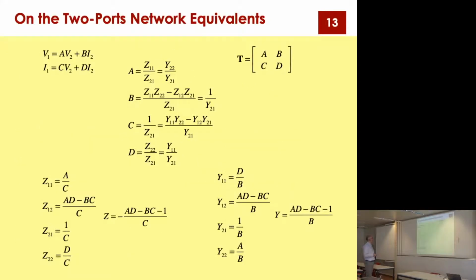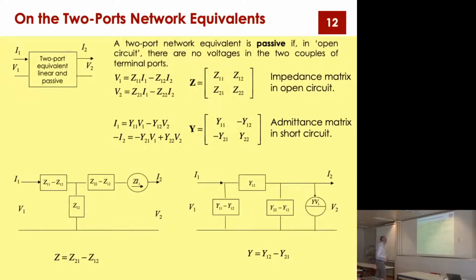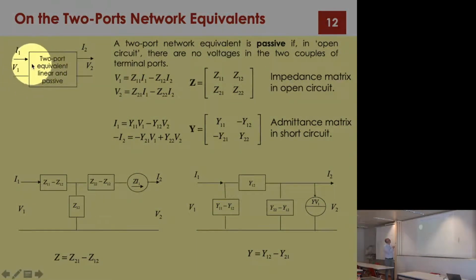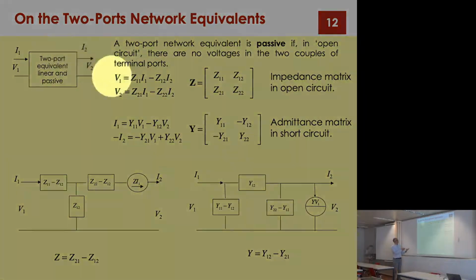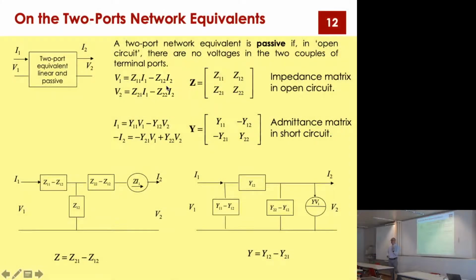Let's take a very simple example of a two-port equivalence, like this one. How many degrees of freedom do you have? How many variables do you have? 4: 2 voltages and 2 currents in the 2 ports. How many constraints, how many equations, do you have? These are the constraints: 2. So how many degrees of freedom do you have? 2.